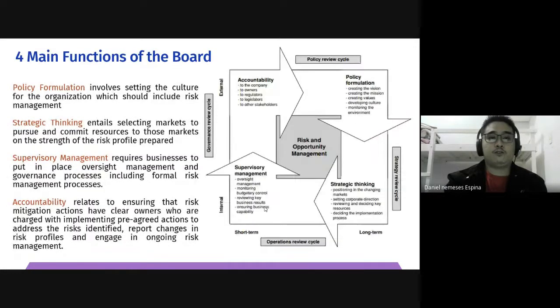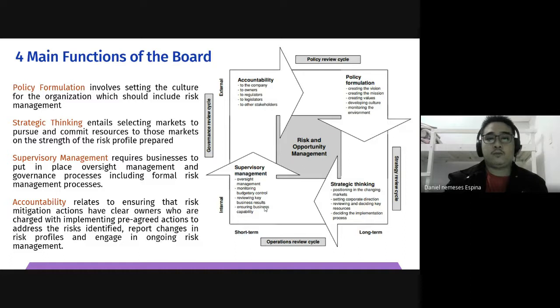There are four main functions of the board: policy formulation, strategic thinking, supervisory management, and accountability. In risk and opportunity management, the board is accountable to the company, to owners or the shareholders, to the different government regulators, to legislators, and to other stakeholders.